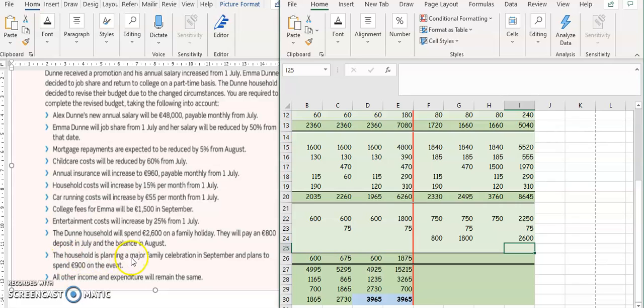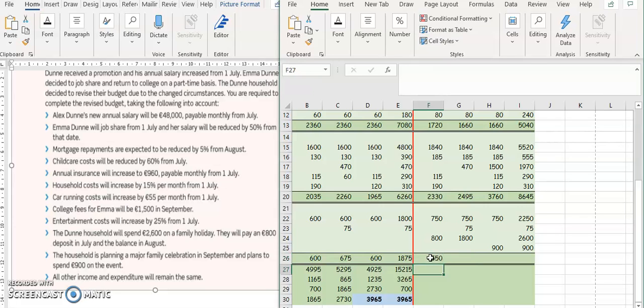And then the household is planning a major family celebration in September and plans to spend 900 on the event. So in September, we're going to have 900. So once again, something that we didn't have in our original budget. And then we're going to get our totals for each month.